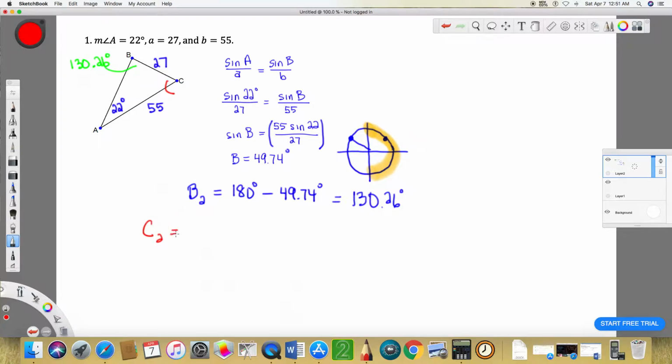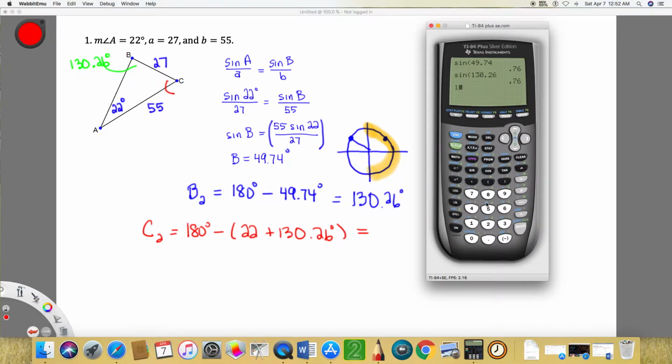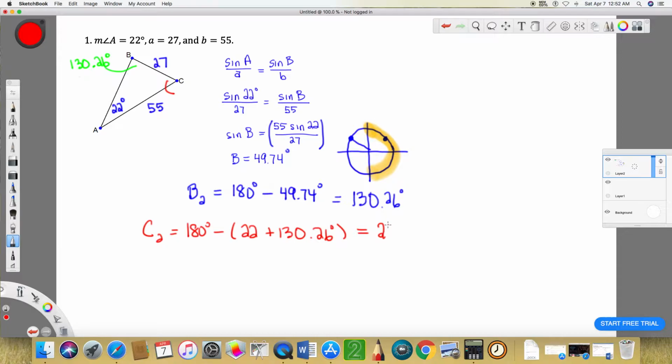If I take 180 minus my given angle of 22, and this instead of 49.74, this angle B that's in quadrant 2, this is going to give me another possibility for the measure of angle C. So if I have 180 minus 22 plus 130.26, I get 27.74 degrees.